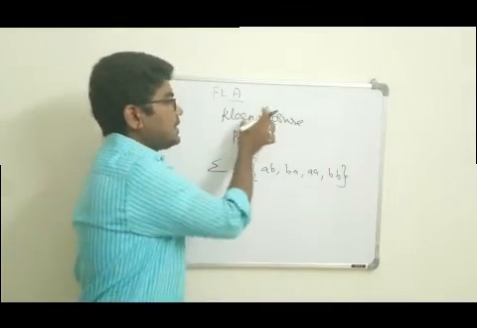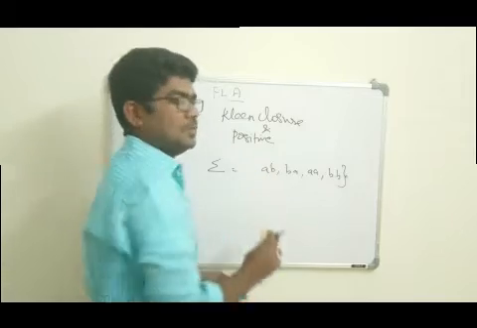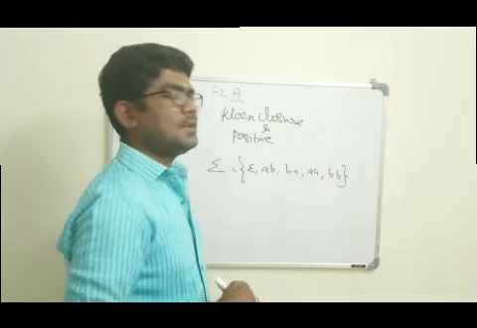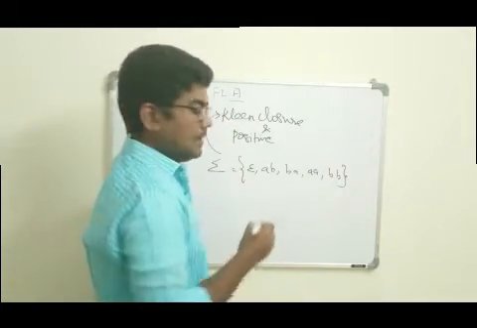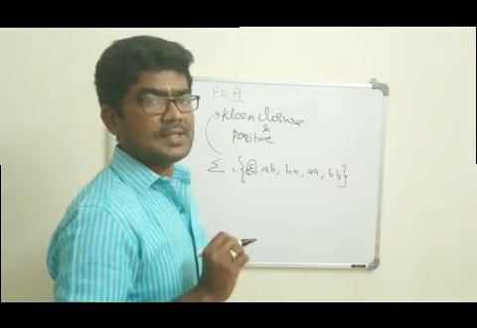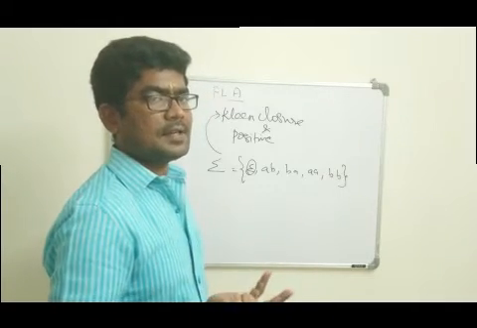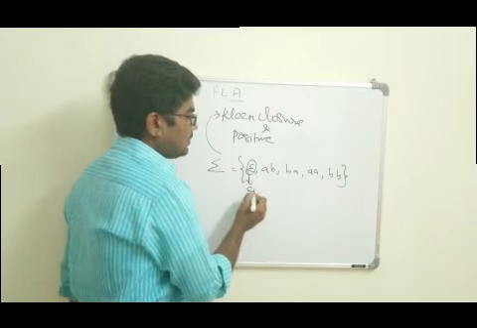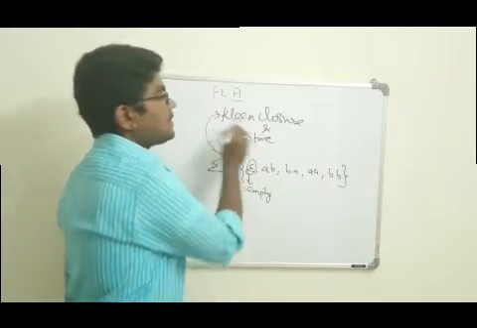Now, if you insert an empty string at the beginning, this empty string epsilon, then it is said to be the Kleene closure. Epsilon is said to be an empty string, or we can say a null string. Nothing is there inside this string, so it is empty. You need to add this empty string inside the language, then it is said to be the Kleene closure.